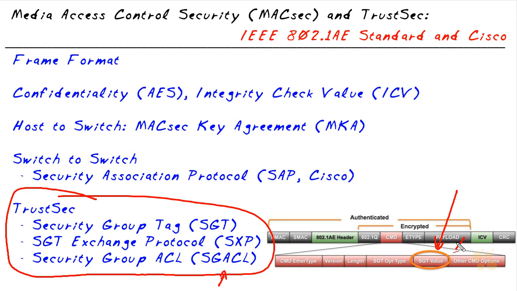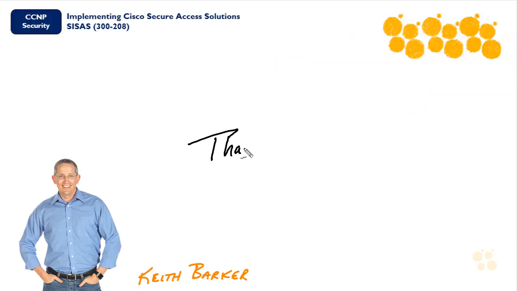And for devices that don't directly in hardware have the ability to read those frames, we can pass on the information regarding the labels or the tags and the associated IP addresses using the SGT Exchange Protocol.